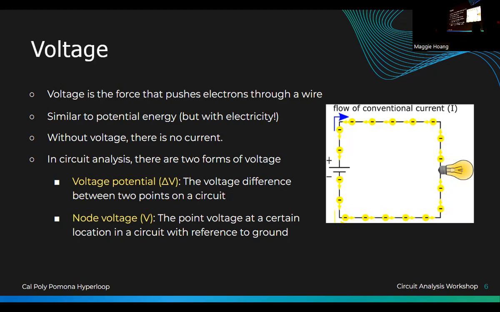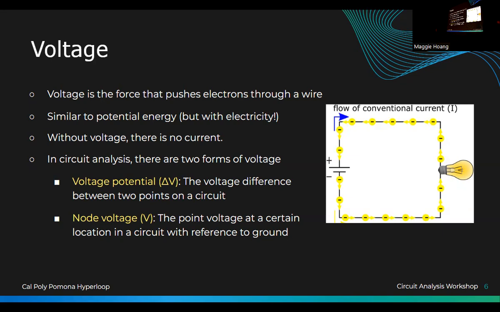So wherever you see the negative, you think of that as ground, and then you would put the ground there, and normally the ground is your reference point. So wherever you put the reference point, you can probe anywhere on the circuit and it will be the difference between that reference point, in this case ground, and wherever that point is.